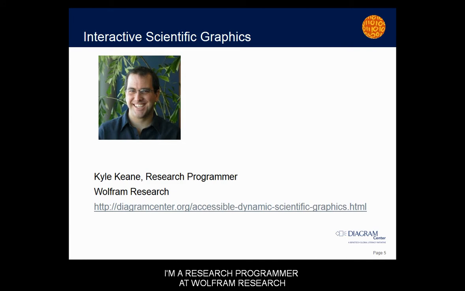I am a research programmer at Wolfram Research, and all of the materials that were produced during my project can be found at the URL that's on the screen. That is diagram-center.org/accessible-dynamic-graphic.html. So I encourage you to go download the report and play with the working example either now or later, either way.